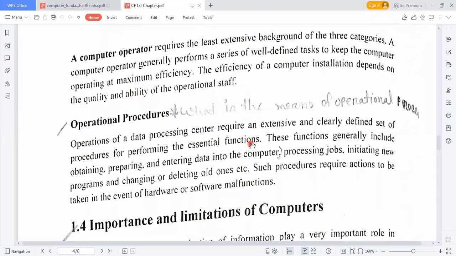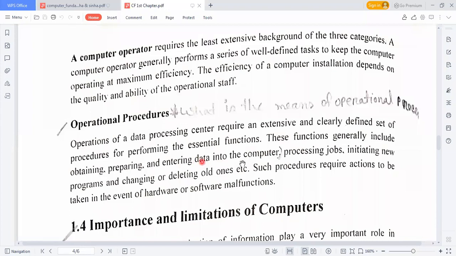We have to collect the data from data centers, and a set of procedures must be clearly defined for this data to perform the essential functions. These functions generally include obtaining, preparing, and entering data into the computer. First of all, you have to obtain the data and prepare it, then enter it into the computer.